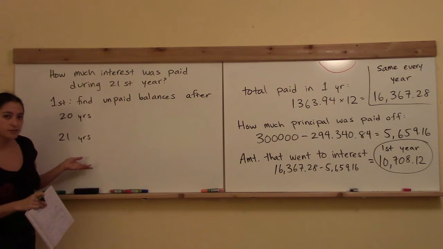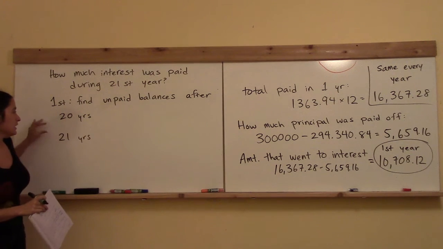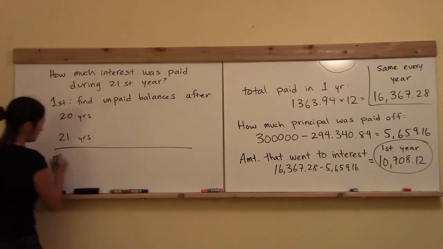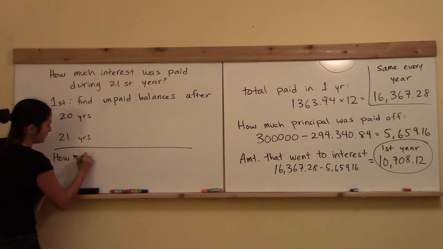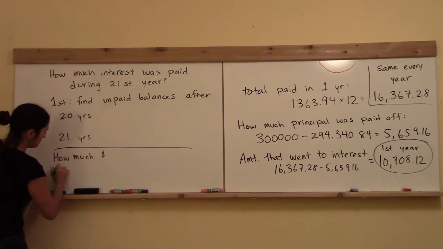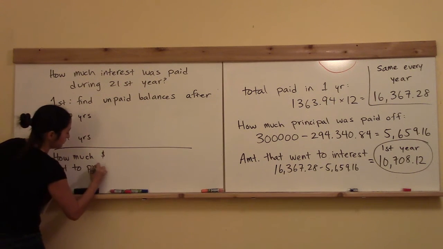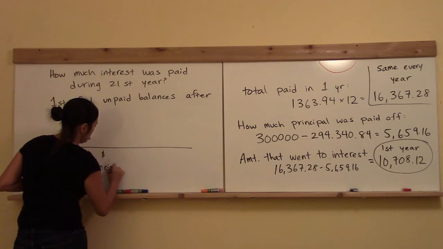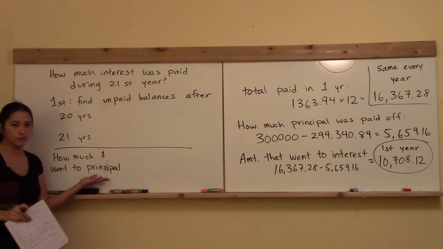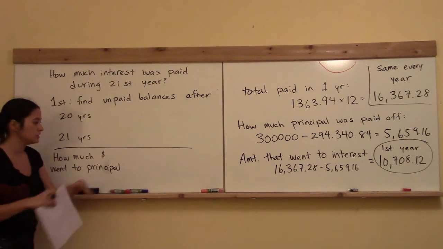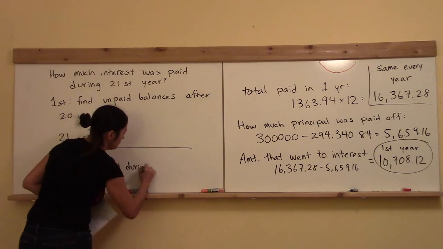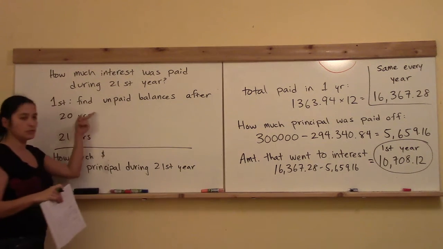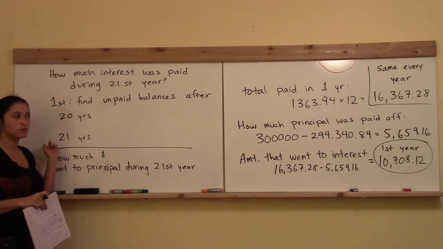The reason that I have to find these two unpaid balances is so that I can take the difference between them, and that's going to be how much money went to the principal inside of the 21st year. This is how much money went to the principal during the 21st year: the difference between the unpaid balances after 20 years and after 21 years.